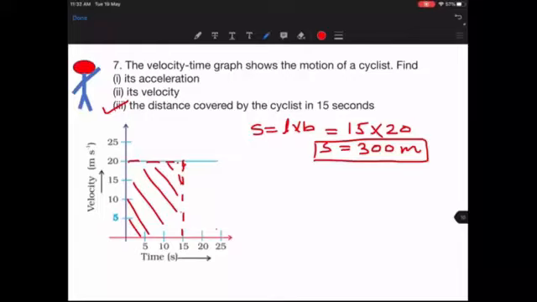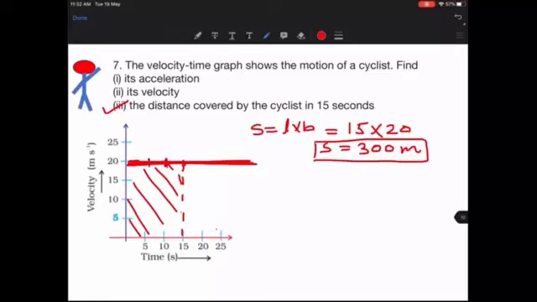Okay. Now what we have to do is calculate the acceleration. Okay. What is the acceleration here? Can you tell me? Look at this graph here. This line actually shows the velocity, which is going straight. What does it tell you? It tells you that at 5 seconds also the velocity was 20.